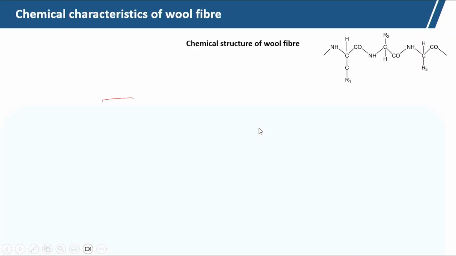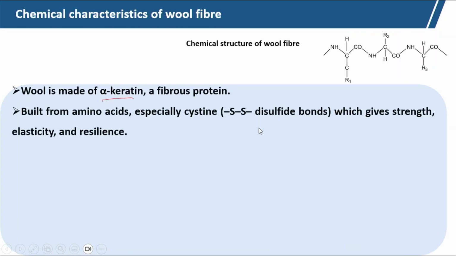So, it is basically alpha keratin fiber, which is built from amino acids, especially with S-S disulfide bonds. So, sulfur content is there, you can see here. It is the disulfide bond which gives strength, elasticity and resilience.